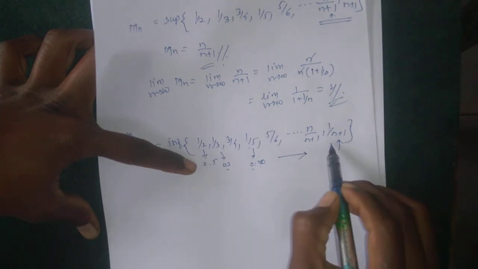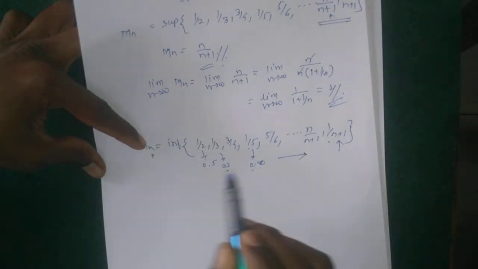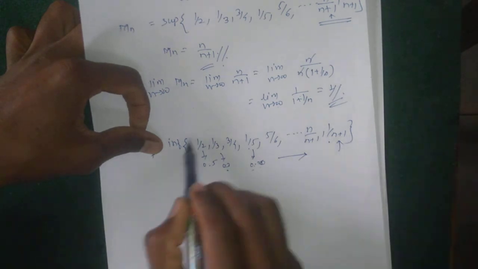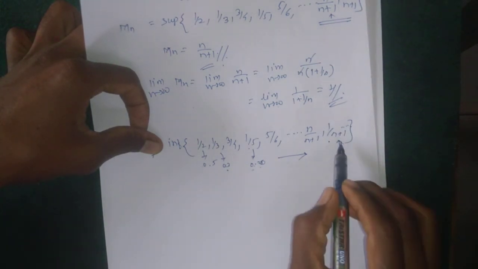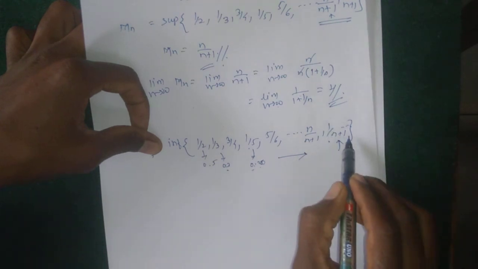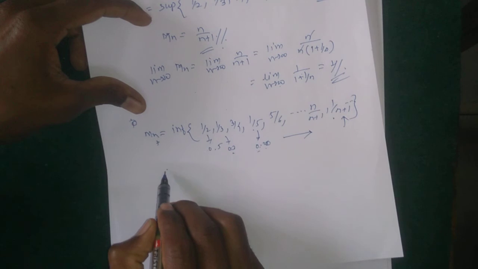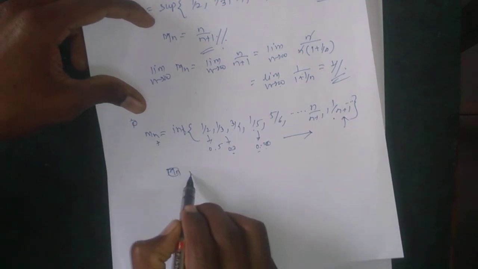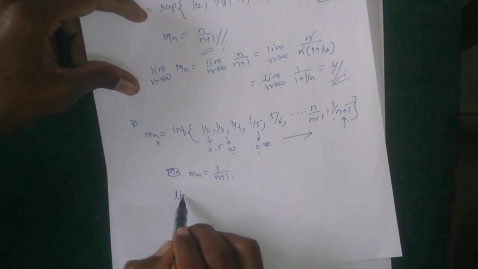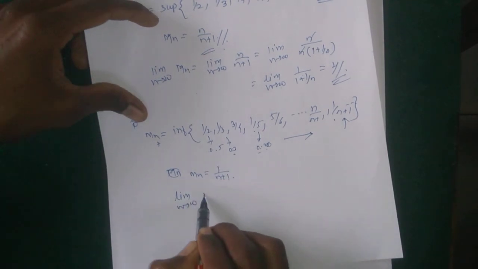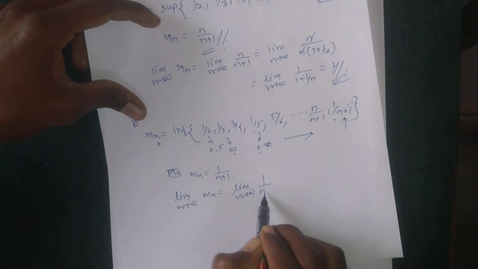When n increases, the last value, the infimum of all these terms, must be 1 upon n plus 1. Okay, and therefore this 1 upon n plus 1 is the smallest value of all these terms, and therefore mn must be 1 upon n plus 1. Therefore the limit as n tends to infinity of mn is equal to the limit as n tends to infinity of 1 upon n plus 1.